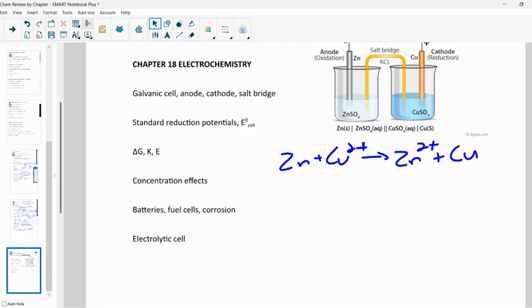If I was able to increase the concentration of my Cu2+ ions, instead of 1 molar, let's say I did 2 molar, what's going to happen to my cell voltage?